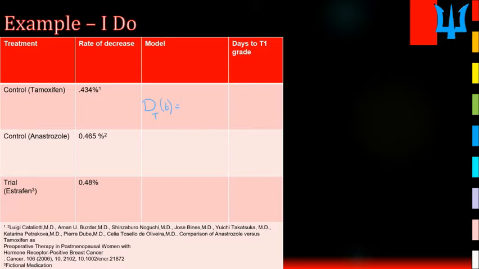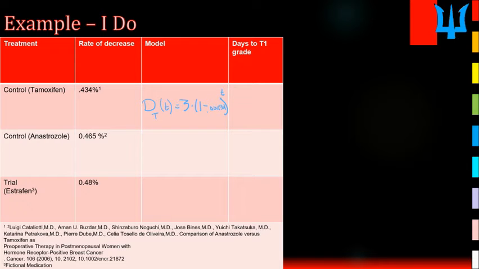So I'm going to say that this is 3 times, because these drugs are making the tumors smaller, 1 minus 0.434%, so that would be 0.00434, to the power of t.